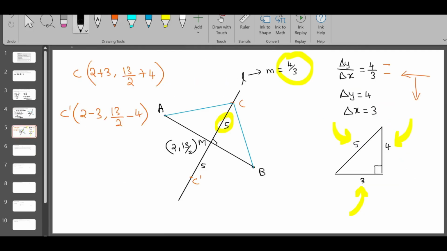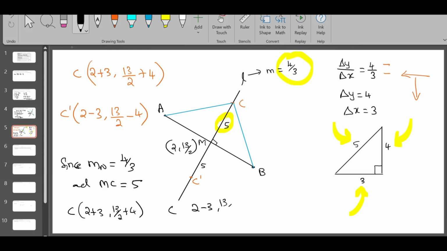You can just write, since slope of n is 4 over 3 and MC is equal to 5, C is 2 plus 3 comma 13 over 2 plus 4, or C dash is 2 minus 3, 13 over 2 minus 4. You will get 2 possible positions.